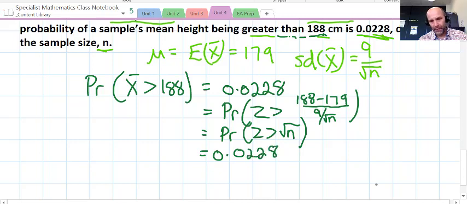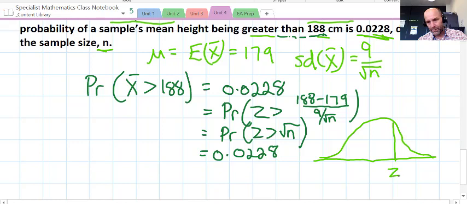0.0228, given. Now think about our standard normal distribution, and we've got some z-score out here.